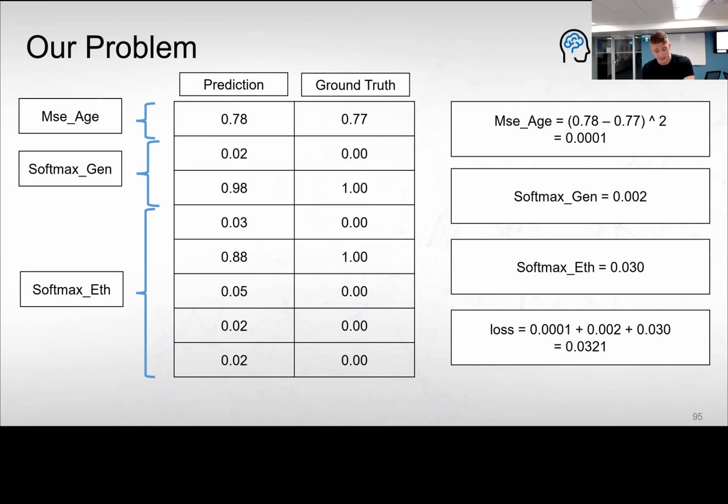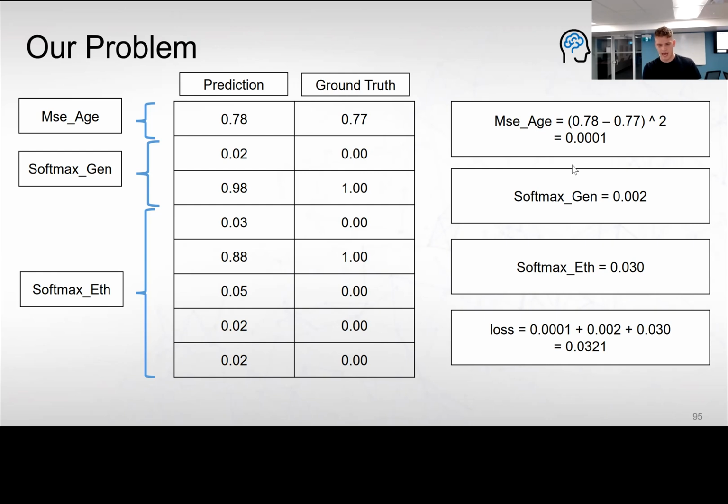It predicted this person is about 75 years old, and they were 75. For gender, the ground truth says this is a female, and it got it right on, with a 98% chance that it's a female. Ethnicity, this person was of Asian descent, and the model predicted it bang on. Actually not 100%, it got it 88%, but it did a very good job.